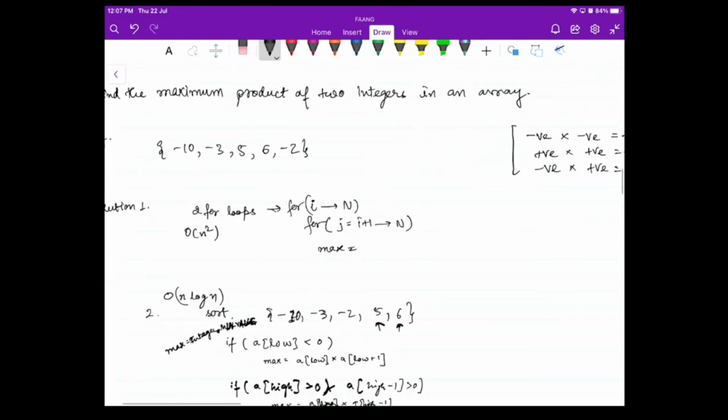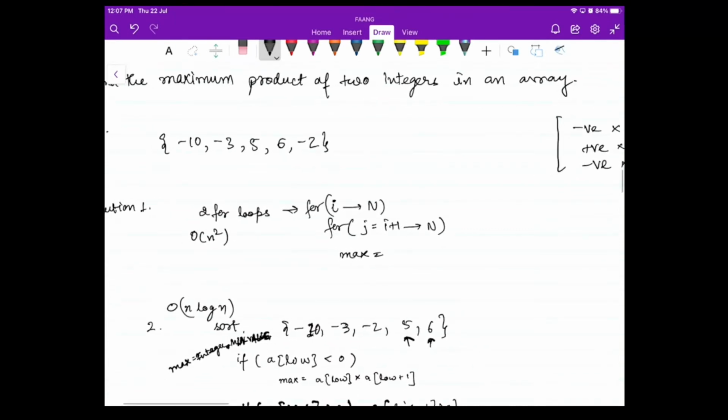So what could be our approach? We will have a variable max, and we will iterate through this array twice, with i and j, and see the value of the maximum, multiplying a of i with a of j.